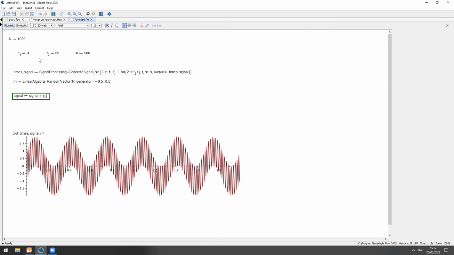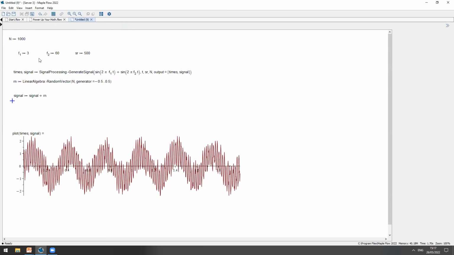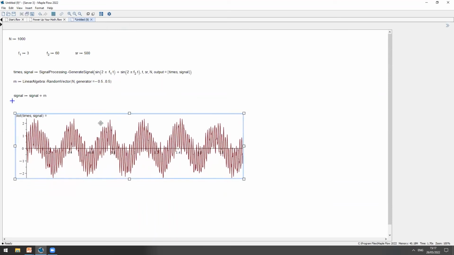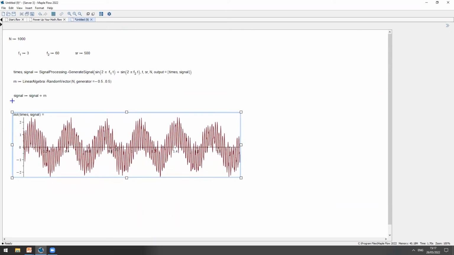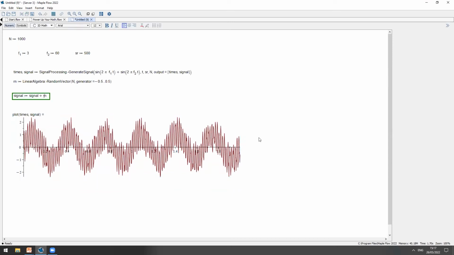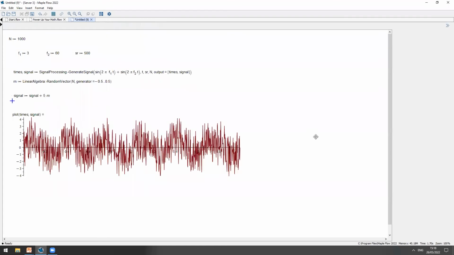As soon as I hit enter, you should see that my signal has some random noise now. If I increase the magnitude of this random noise by a factor of 5, there, it's a lot more noisy. So let's just examine what this signal looks like in the frequency domain with the periodogram.